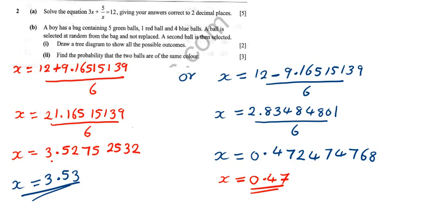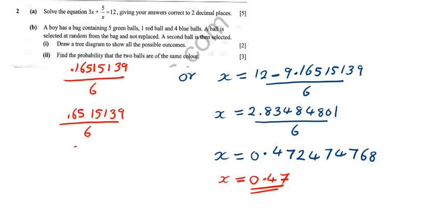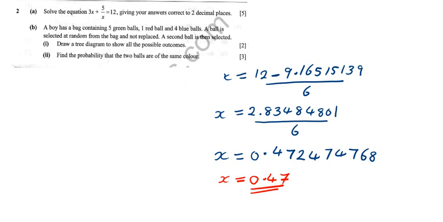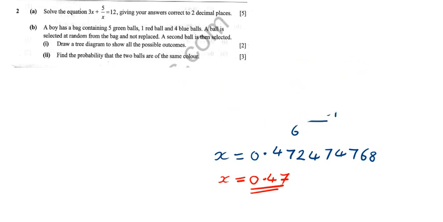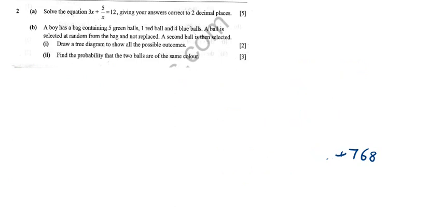We now go to 2b. So 2b, it came under probability, and the question says a boy has a bag containing 5 green balls, 1 red ball, and 4 blue balls.